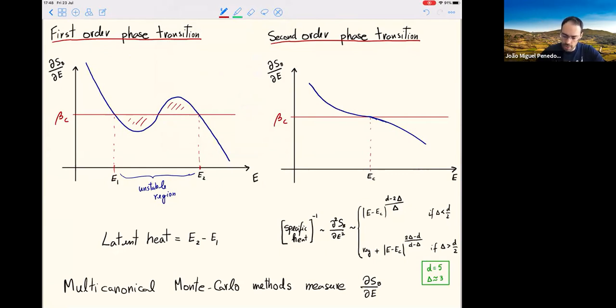While for second order, the derivative of the entropy should not change sign. Well, in fact, it's a bit subtle. The second derivative of the entropy is related to the specific heat, and there is a qualitatively different behavior depending on whether delta is above or below one over two.